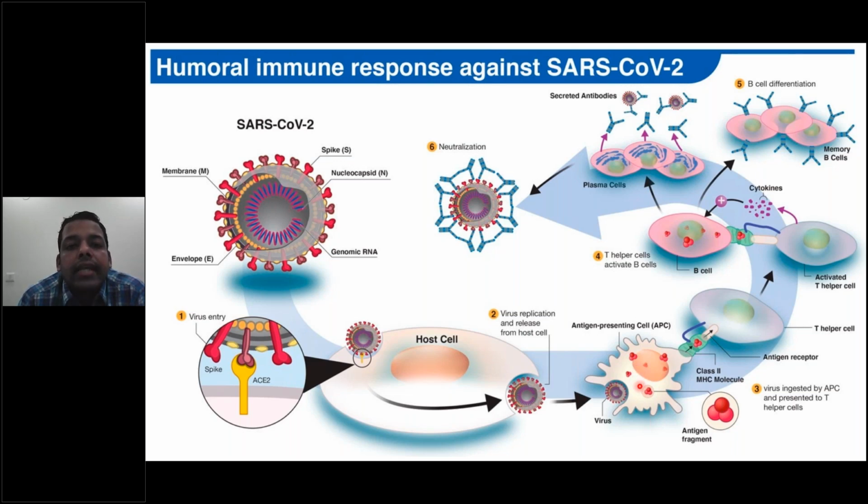Then these antigen presenting cells reach the secondary lymphoid organs like the local lymph nodes and the spleen.